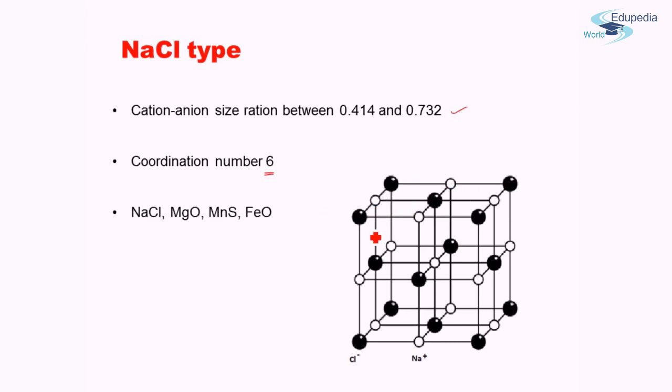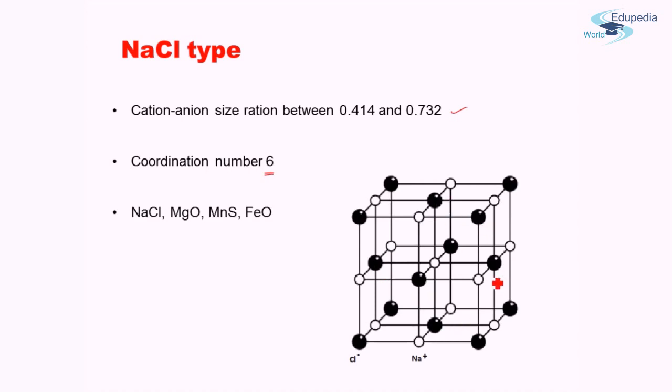So here we have an image of the NaCl type of structure. What we see here is that chloride is the largest sized ion and Na+ is the smaller sized cation. The chloride ions, the largest sized anions, lie at the 8 corners of the larger cube and at the face centers.